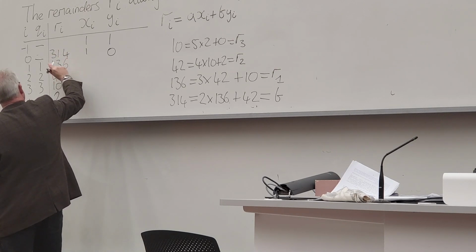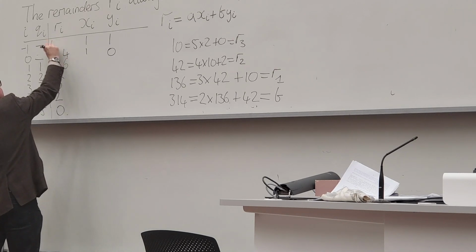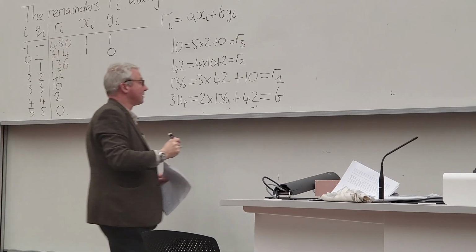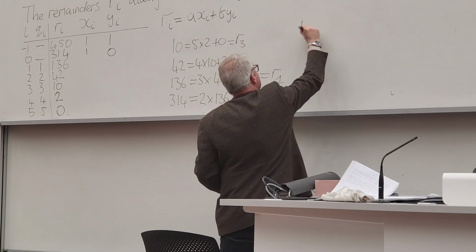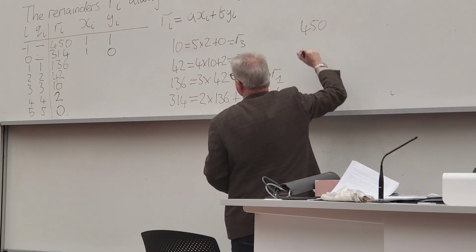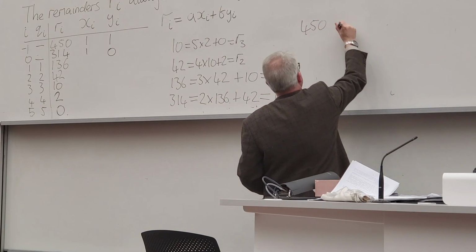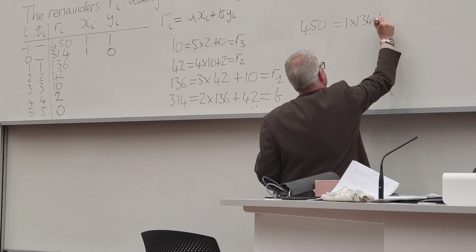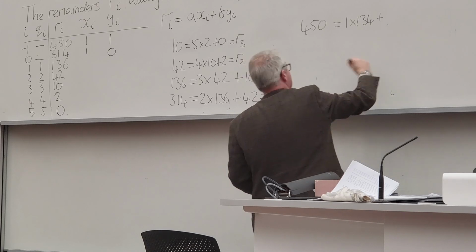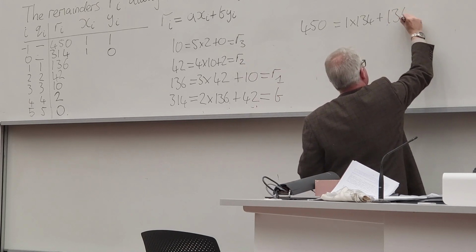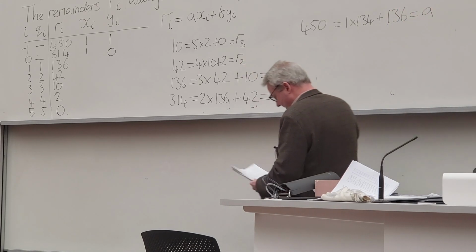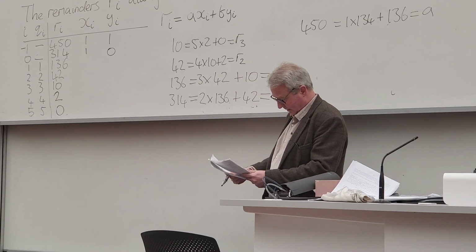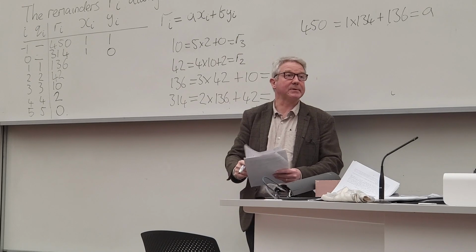So you get 5 times 2 gives you 10, and then plus the 0. So maybe I should write this here. 10 is 5 times 2. And then we do the same. 4 times 10 plus 2 gives this remainder, the second one.